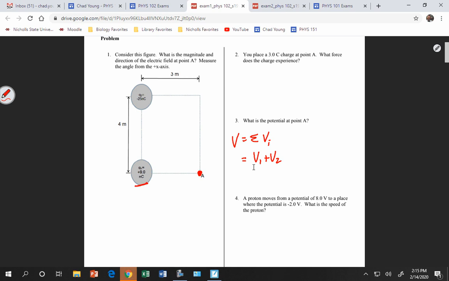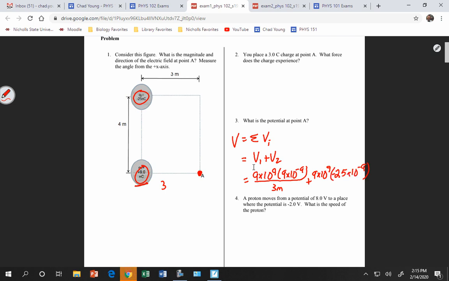V1, which is due to this charge, is going to be 9 times 10 to the 9th times 9 times 10 to the minus 9. That's the charge right here. That nanocoulombs is minus 9, divided by the distance, which is 3 meters, plus 9 times 10 to the 9th times 25 times 10 to the minus 9.